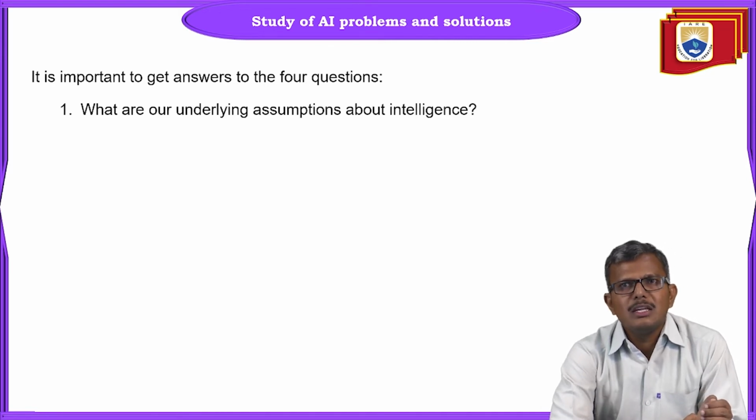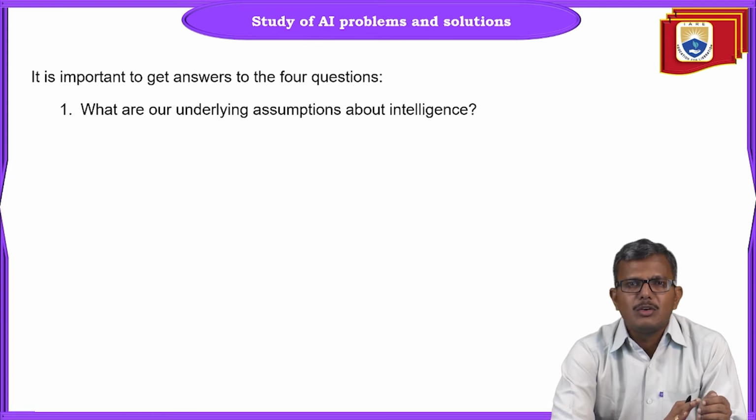So what are the underlying assumptions about intelligence? What are we thinking about intelligence? The level is also important, meaning at what level you are trying to implement this intelligence. Do you have any kind of assumptions? Early in the session, I told you that the assumptions we made earlier went wrong.